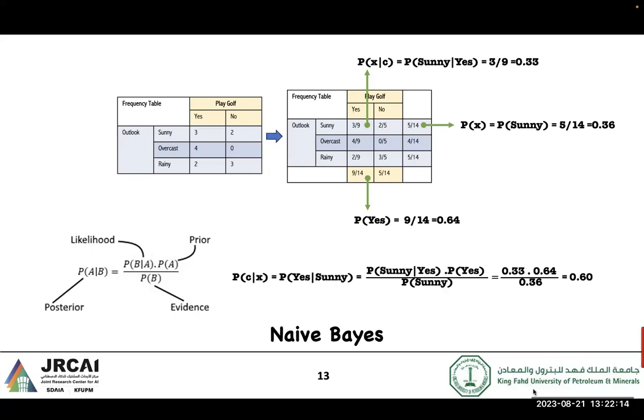The theory behind it is very simple, and it's some kind of calculation of frequencies. From your data, you have to summarize in this table how many times it was sunny and the label was yes. It's just basic calculation. Once you have these frequencies, now you can compare this data as probabilities.